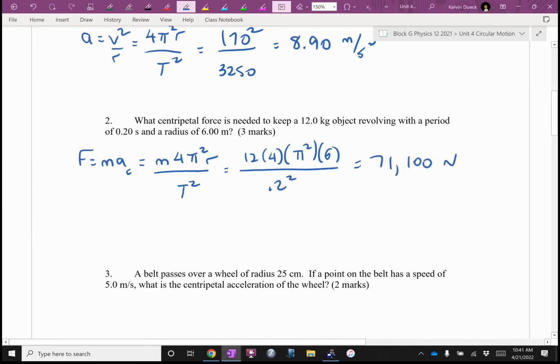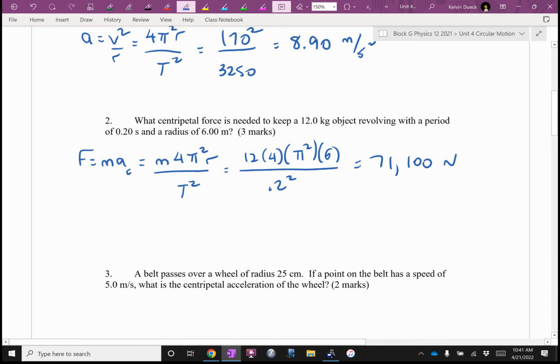And I started to get a little nervous at that, but then I looked at the numbers. What's the mass in this question, Taryn? Bowling ball. That's about a bowling ball. What's the radius? 6 meters is about from me to you, roughly. So we're spinning a bowling ball.